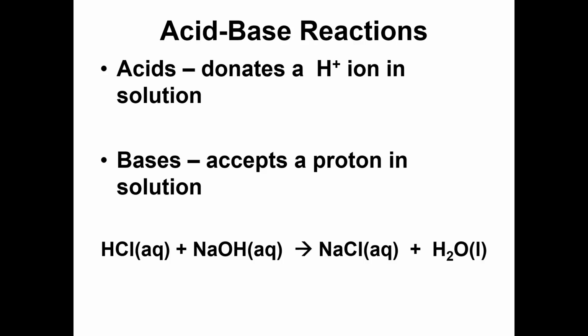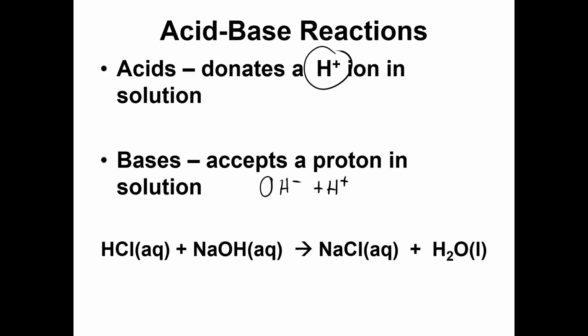And so we already talked about what acids and bases are. We used the Arrhenius definition. Anything that furnishes H plus is an acid, and anything that furnishes hydroxide is a base. Now this is a different definition, here it says accepts a proton in solution. It works as well, because if you have hydroxide, it will accept a proton, right?